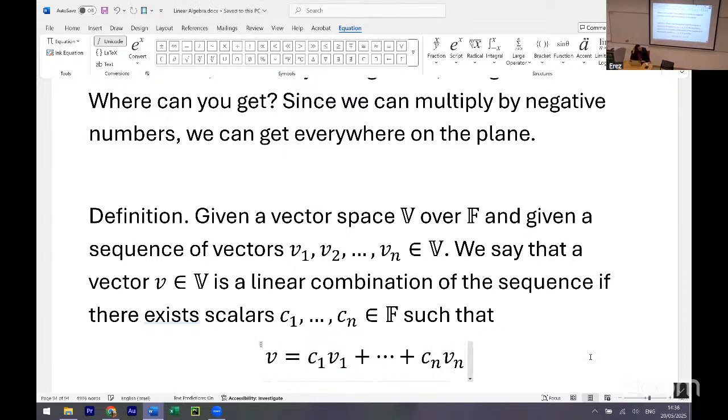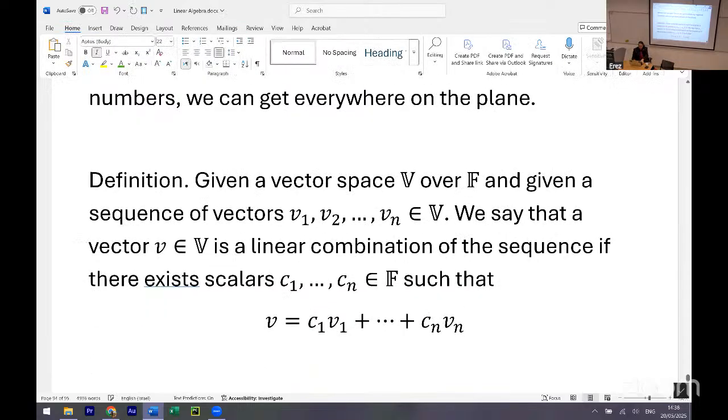You see, I multiply each direction with a scalar. It could be negative, it could be larger than one, smaller than one. And then I sum them up. If I can get to V, then V is called a linear combination. Agreed? Let me give you a couple of examples.